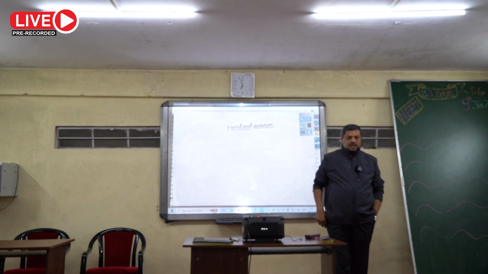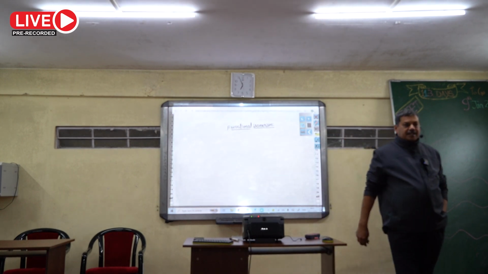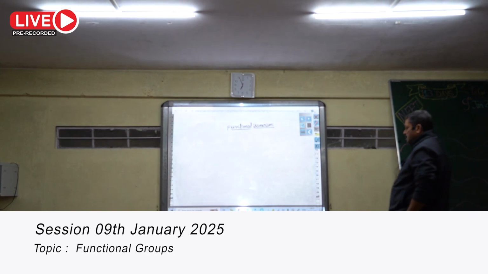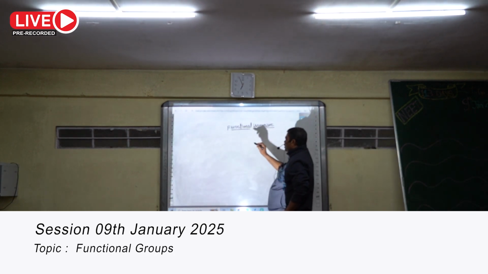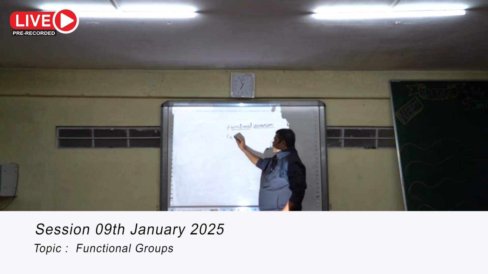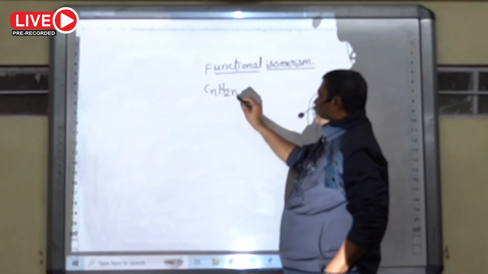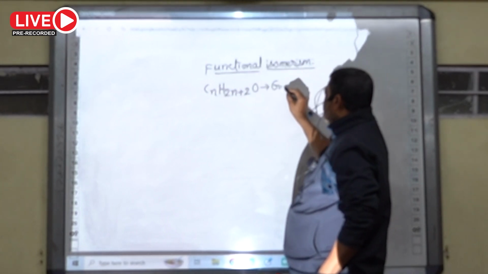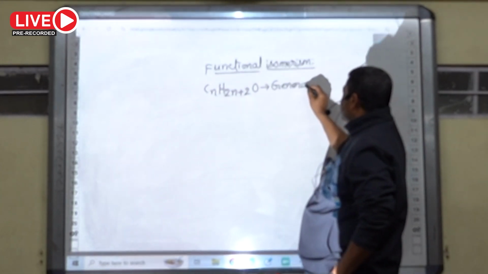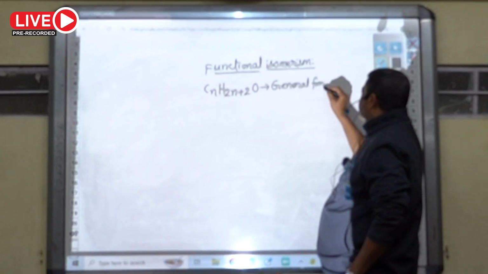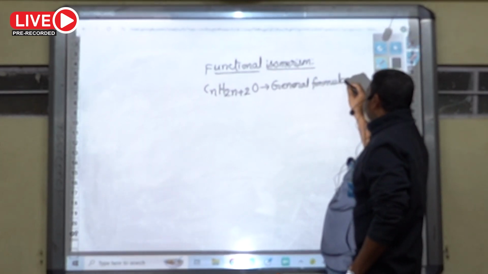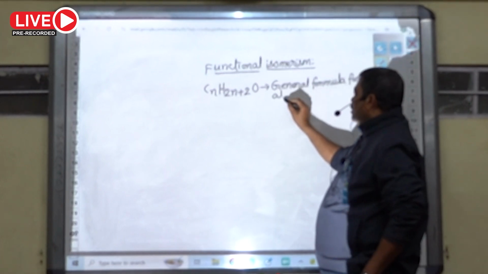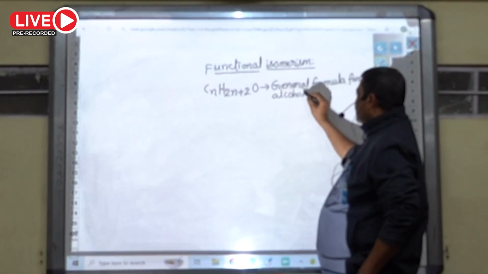So yesterday we were on functional isomers. Actually, we have discussed already that CnH2n+2O is the general formula for alcohols and ethers.